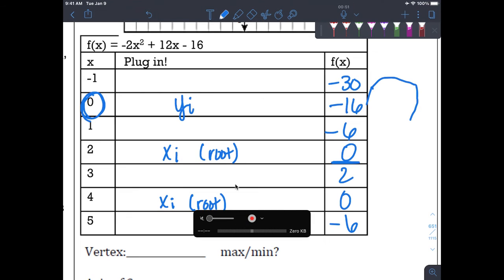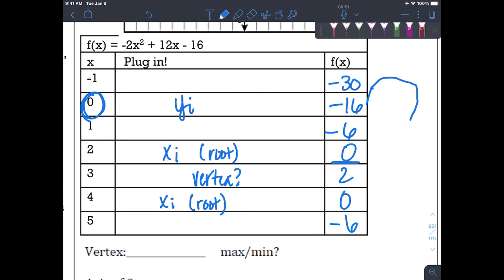It's always in between my two roots, if it has two roots, and we'll be talking about that another time. I'm going to find my vertex. This is more than likely my vertex, but I can't be 100% sure. Whatever that x value is should be my axis of symmetry.